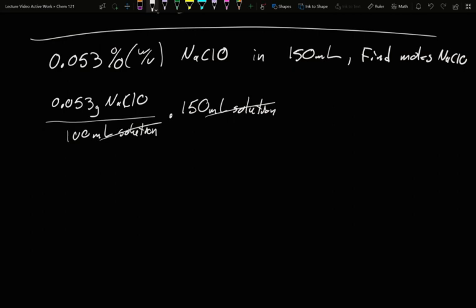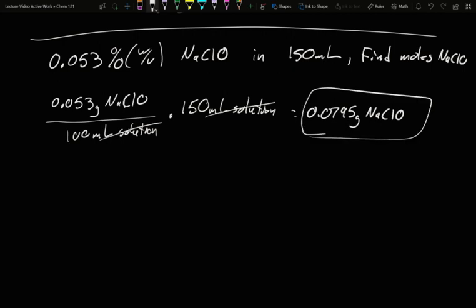This will cancel out my milliliters of solution, and what I'll find is that 150 divided by 100 times 0.053, I'm going to find that there's 0.0795 grams of sodium hypochlorite in that 150 milliliters. So I had 1.5 times the ratio's volume, so I end up with 1.5 times the ratio's mass, 0.0795 versus 0.053. This gives me my grams of bleach.